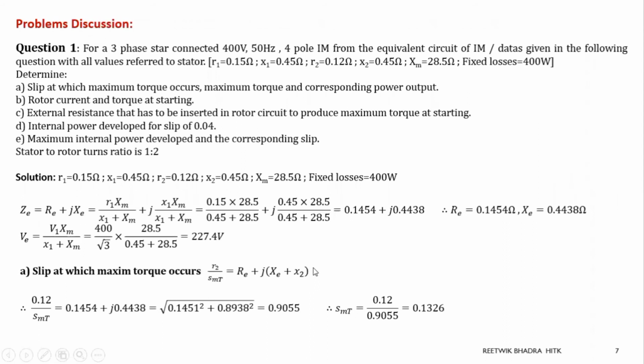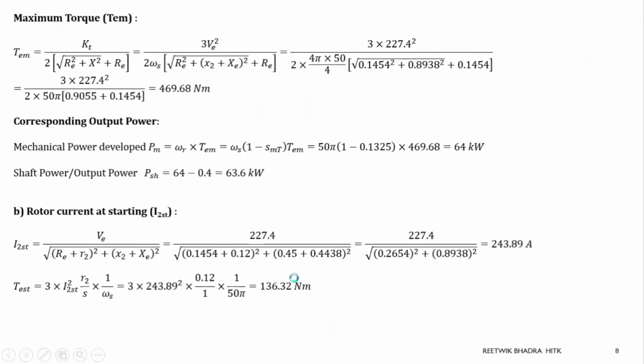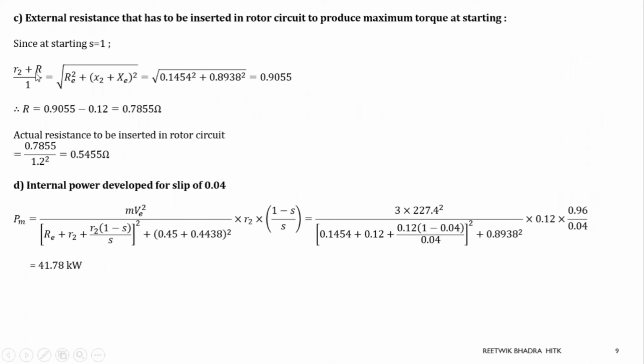If I need to get maximum torque at starting, obviously SMT will be 1, so SMT will be replaced by 1. But what we are adding is external resistance in the rotor circuit, so R2 plus capital R, let capital R be the external resistance, will be the square root of RE square plus (XE plus X2) whole square. So this will be my equation over here.